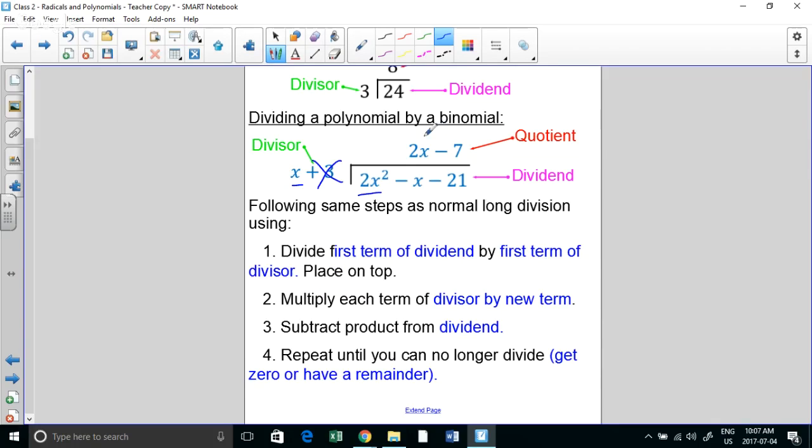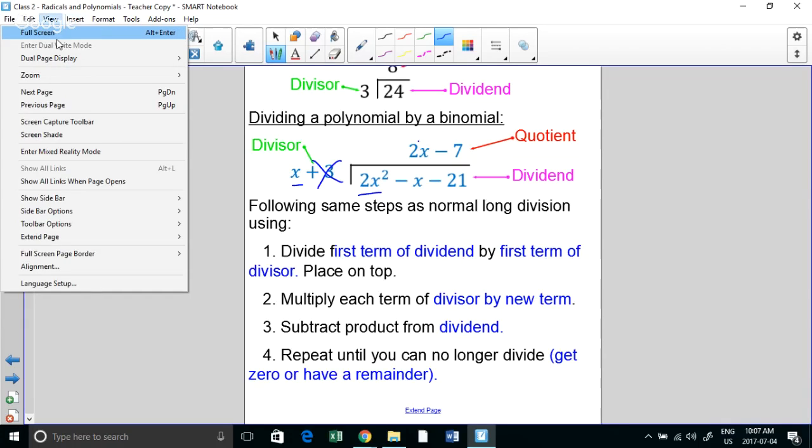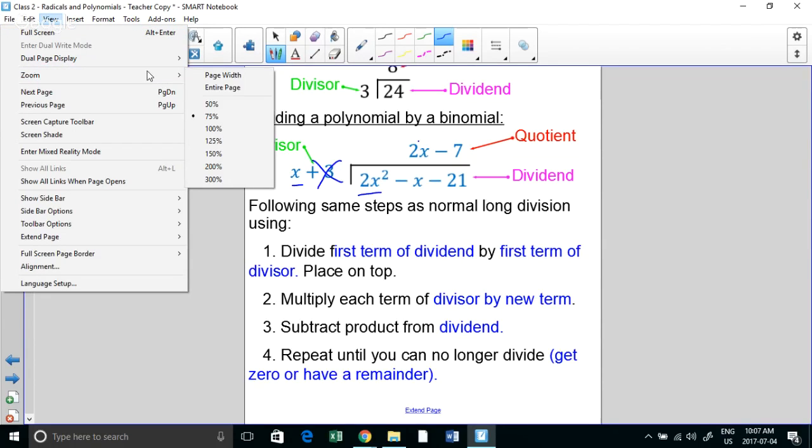Place that solution on top, multiply the divisor, each of its terms, by this new solution on top. Subtract, and then repeat, and then repeat. So we'll take a look at what this looks like. Again, it's going to seem a little bit abstract for now, but when we do a couple of examples, hopefully it'll become a bit clearer.